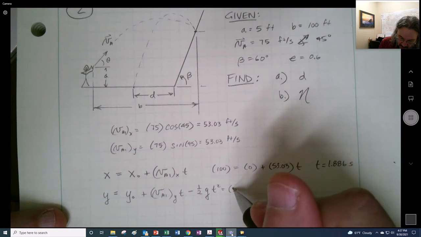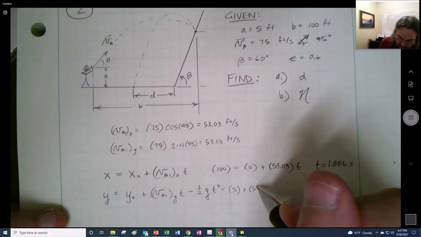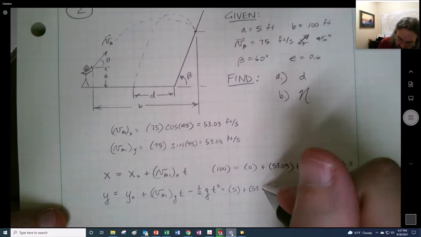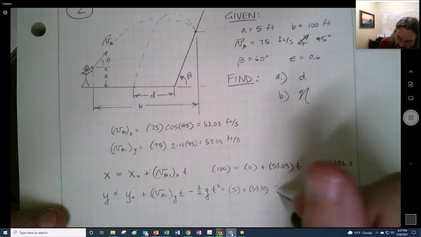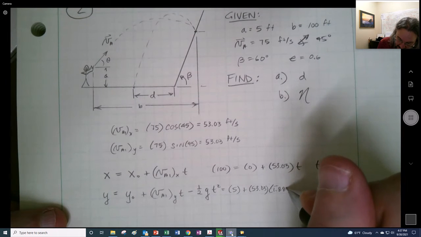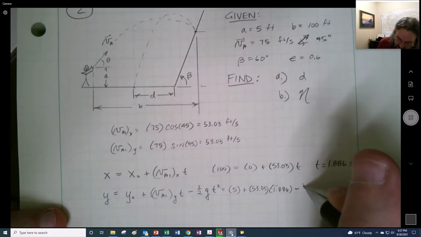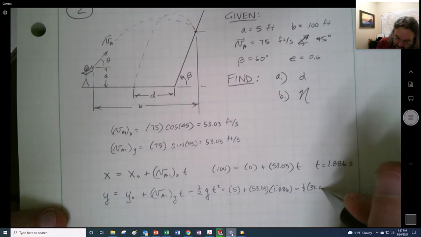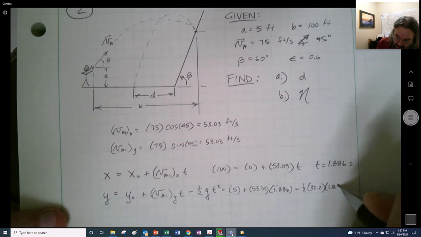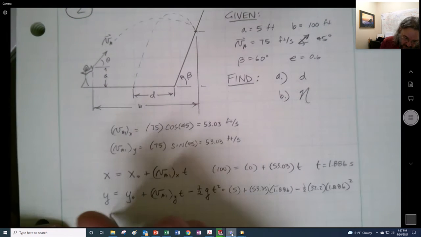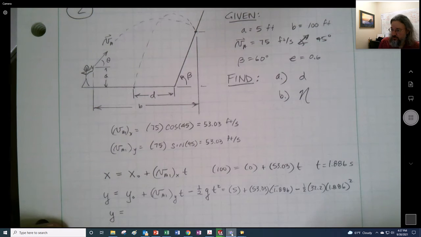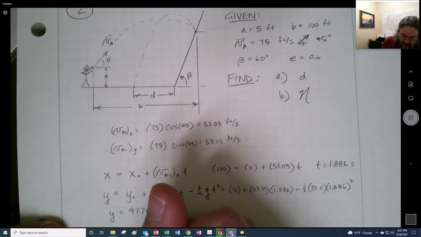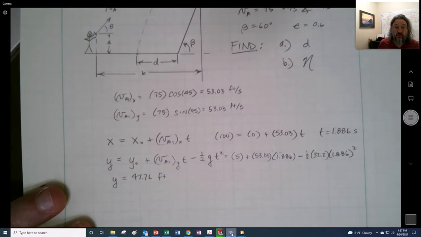So we're going to go 5 plus 53.03 times 1.886 minus 1/2 of 32.2, these are US units, times 1.886 squared. So we're going to end up with a y equal to 47.76 feet, say. Okay.